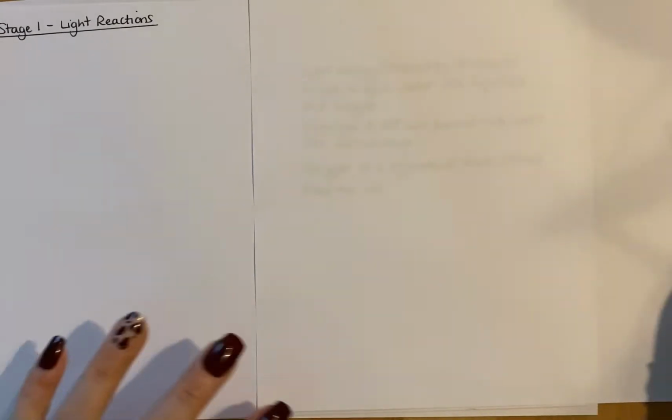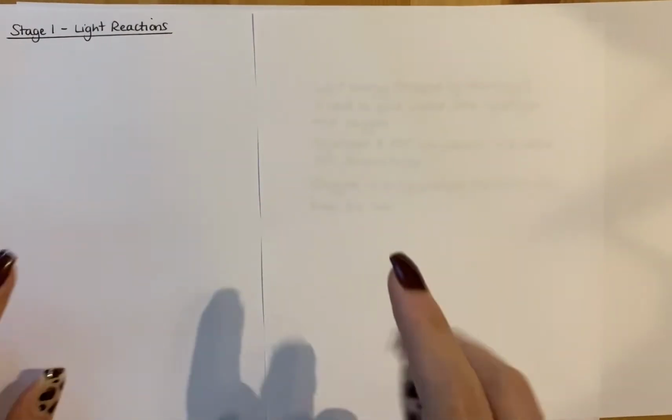So, like I said before, the first stage is light reactions. Now, in any kind of tests and questions that you might get, you'll be given a diagram or you can be asked to describe it fully. So what I'm going to do is do both here. In the light reactions, it does what it says on the tin: you need light.